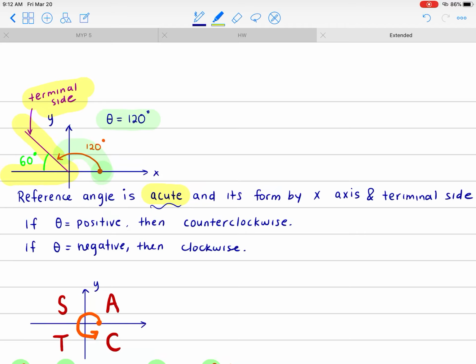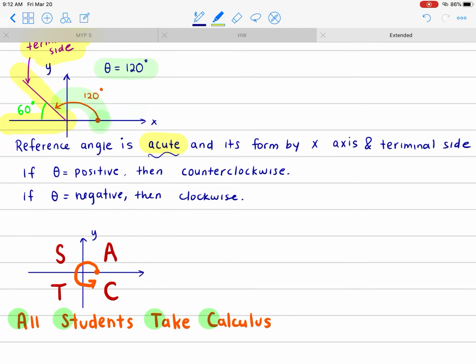So the reference angle of 120 degrees is 60 degrees. One thing to keep in mind is when angle is positive, it goes counterclockwise, anti-clockwise. When theta is negative, then the angle goes in clockwise rotation.